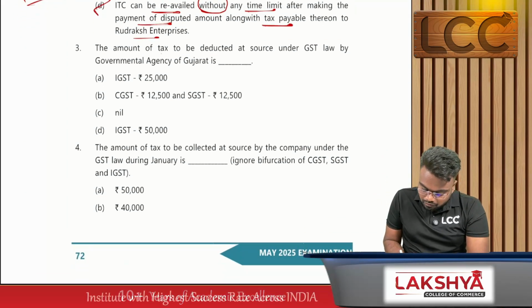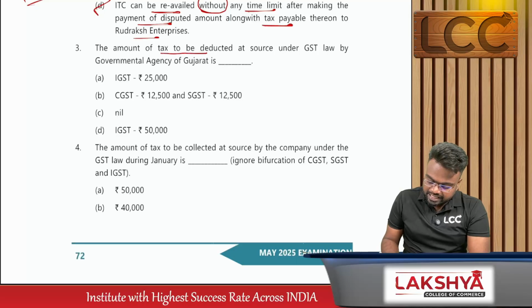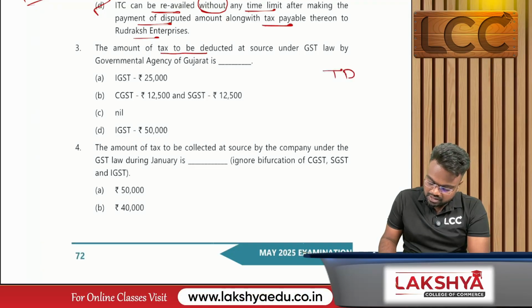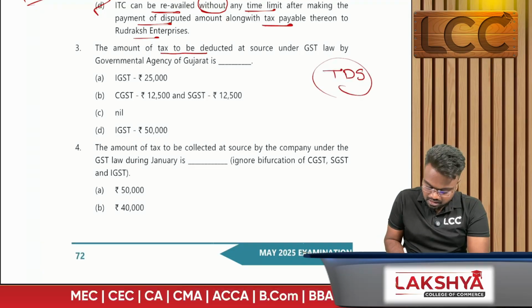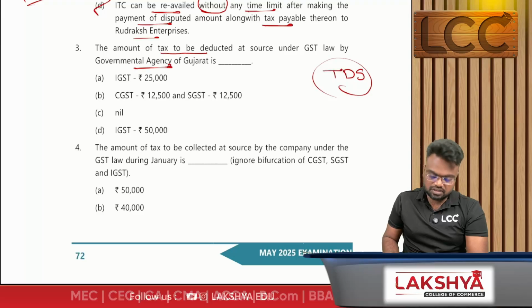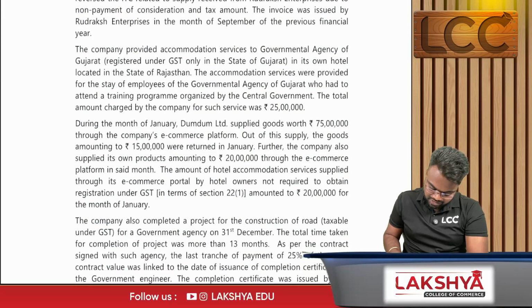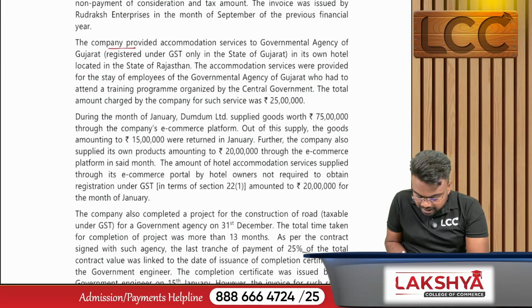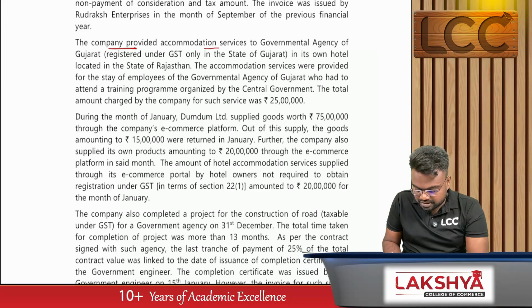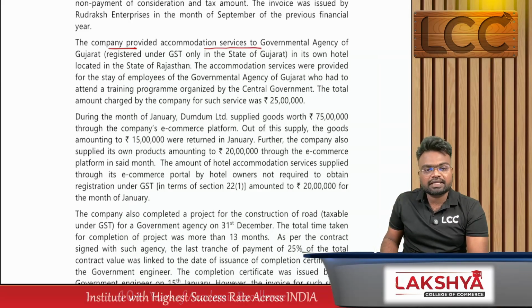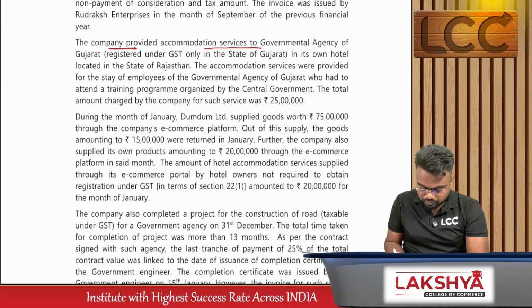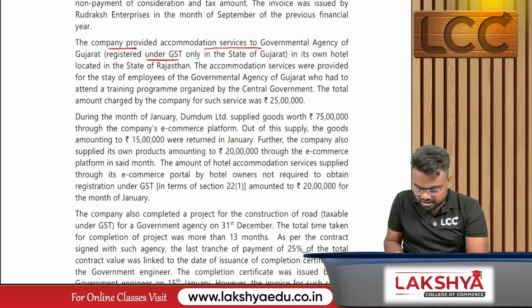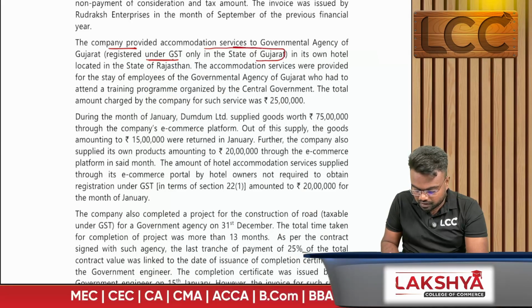The amount of tax to be deducted at source, that means we are talking about the TDS provisions by the government agency of Gujarat. So let's see what is the case given here. The company provided accommodation services to governmental agency of Gujarat, which is registered under GST only in the state of Gujarat.